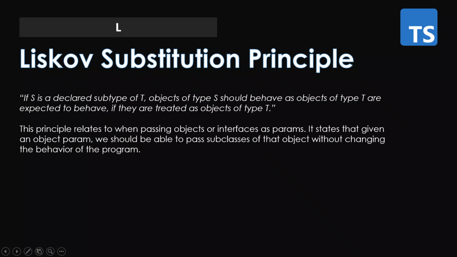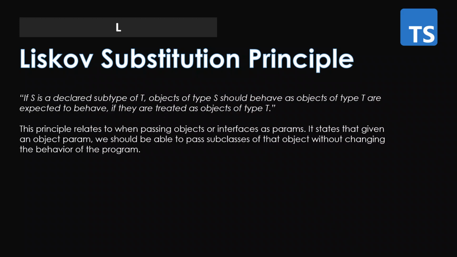So what they are saying is that, let's say there is a type T, there is a type S, and from some part of type T you are extracting another type which is type S. Now objects of type S, when you are instantiating type S, meaning all those classes that are implementing that interface, should always behave the same way as the objects of type T are expected to behave.